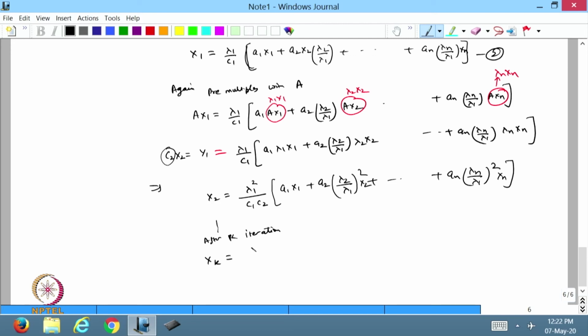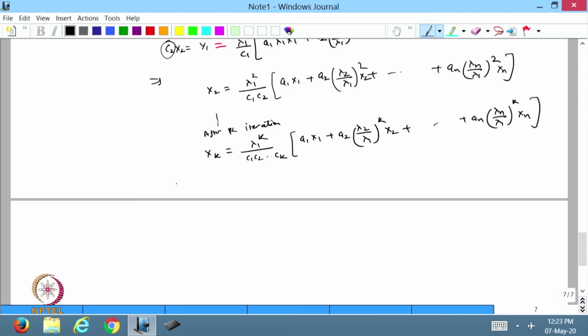It will be lambda 1 power k, C1 C2 up to Ck, times a1 x1 plus a2 lambda 2 over lambda 1 power k x2, up to an lambda n over lambda 1 power k xn. So, this is what we are finding.